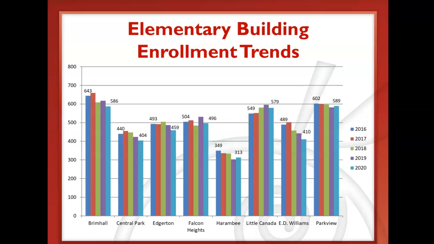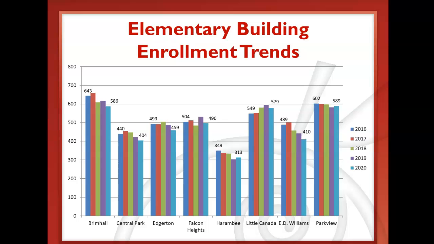This is looking at our enrollment by our building, and you can see that this has a 5-year trend to it. Little Canada, you can see, had pretty steady and increasing enrollment for the past few years as they were building that DLI program, but we should now see those flatten out as they have.